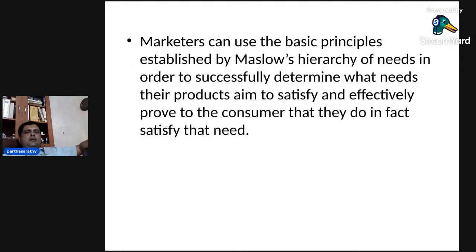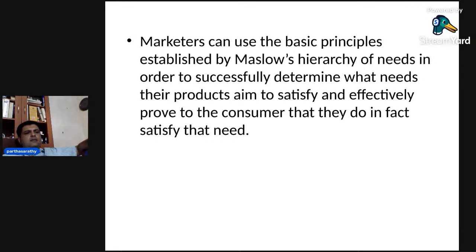Marketers can use the basic principle established by Maslow's hierarchy of needs in order to successfully determine what needs their product aims to satisfy. This is especially useful for marketers because at what level am I offering the product and services, at what level are needs being met.